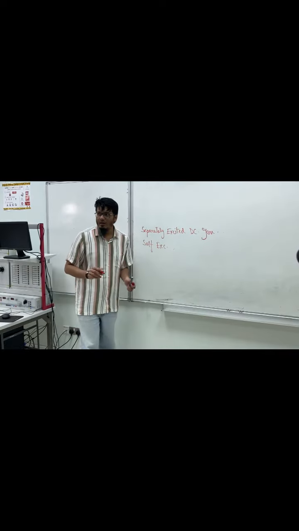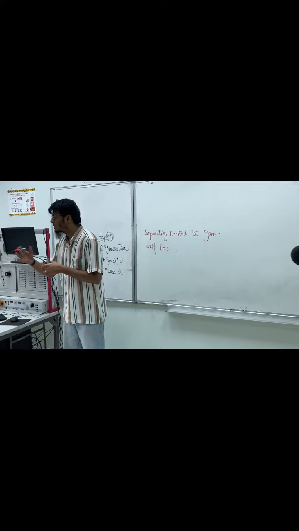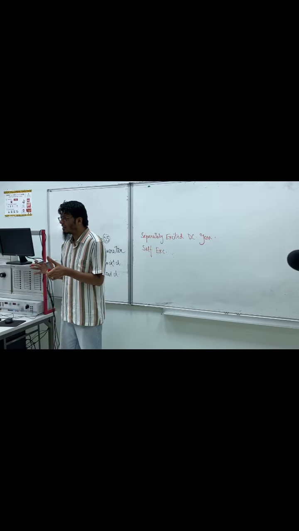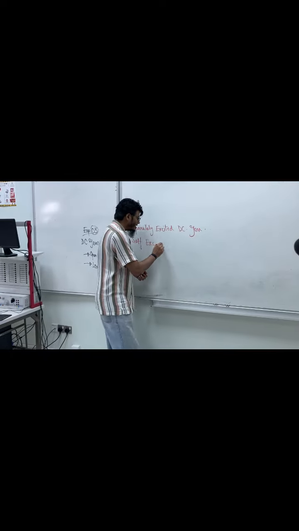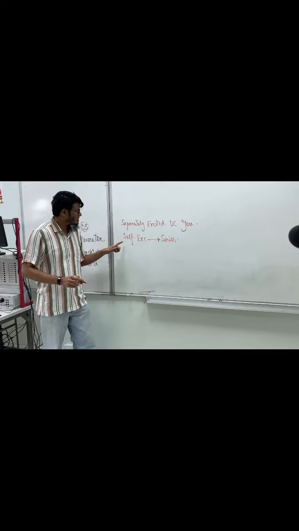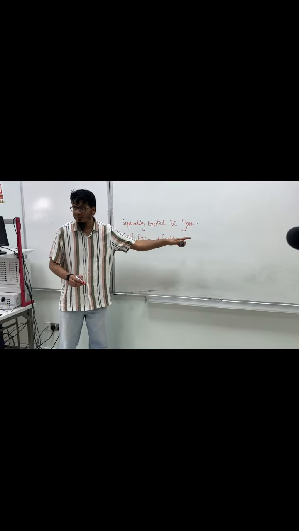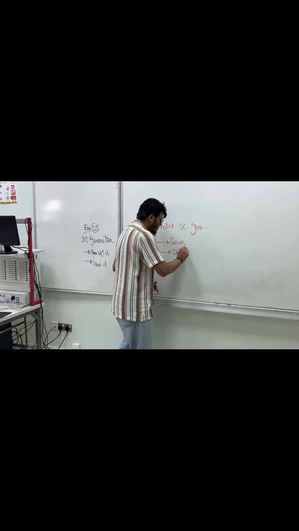DC generator. Now based on how you connect them, there are different types. If the field winding and the armature winding are connected in series, we call them series self-excited DC generator. If they are connected in parallel, we call it shunt.